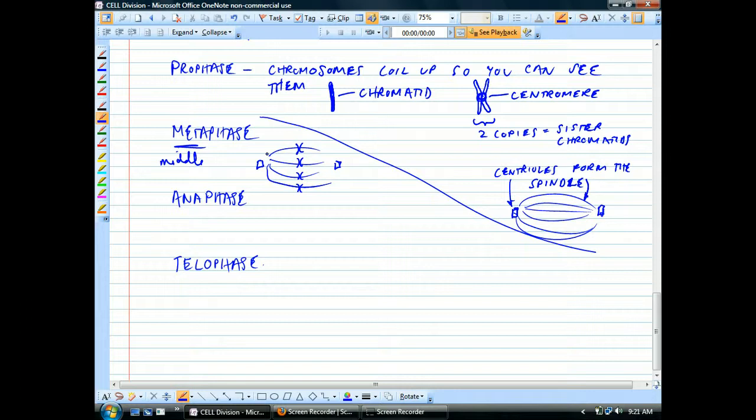It kind of looks like, except it's lined up differently, right? On the football, they go parallel to the football, don't they? They line up across the spindle. Now, there was one other thing that was happening up here. The nuclear membrane breaks down, but I'll let you read about that. That's the basic idea of metaphase and anaphase. They start to move.